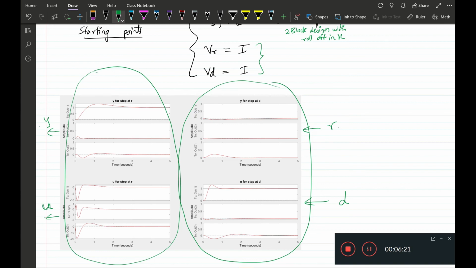First of all, notice that the oscillations in D are now gone just by the inclusion of the extra channel D in the generalized plant without any tuning.